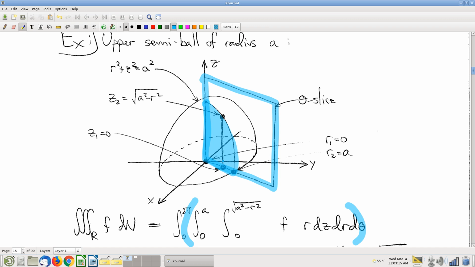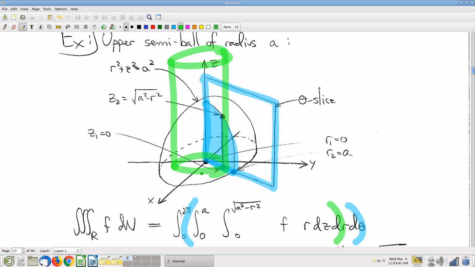Okay, next. For that theta slice, we ask the next question. The next question is R. What's the range of values for R? What do R slices look like? And I emphasize, not R slices of the whole thing, but R slices of the theta slice. So imagine like a little cylinder up here. That's what an R slice really looks like.